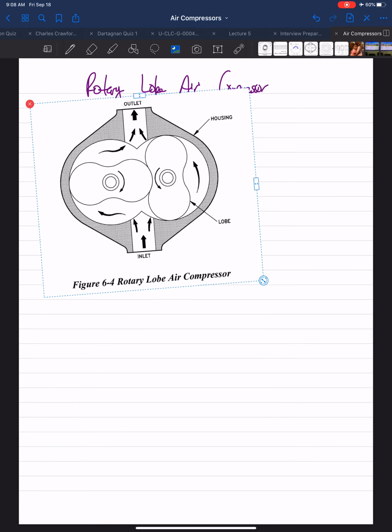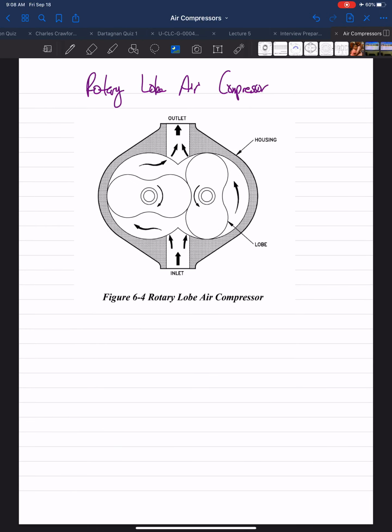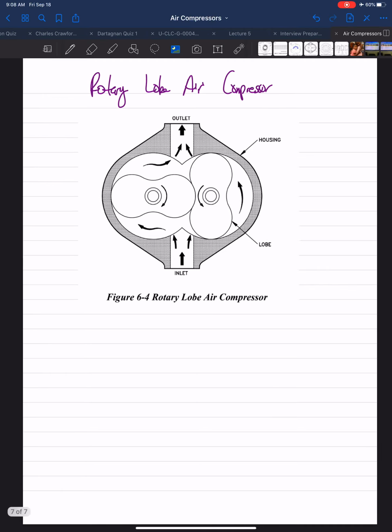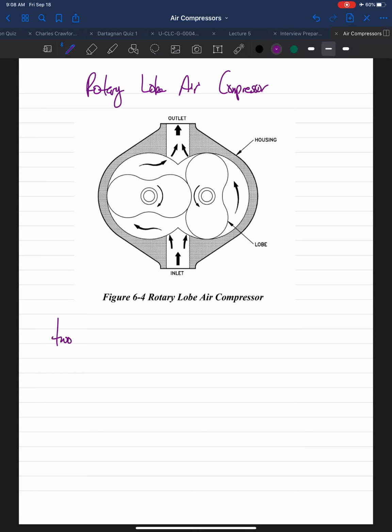So the rotary lobe air compressor: there are two mating lobe type rotors in the case.